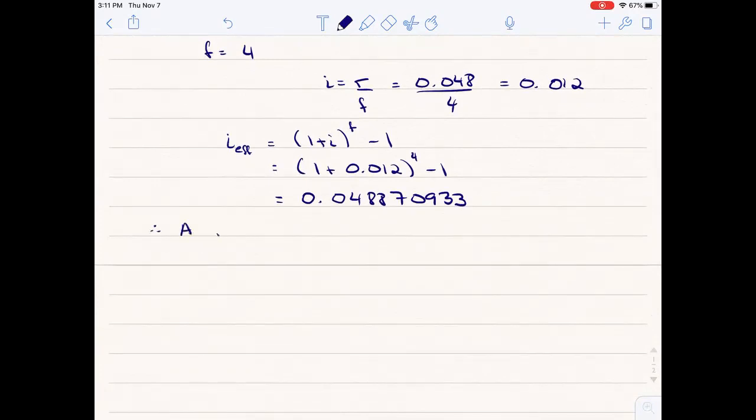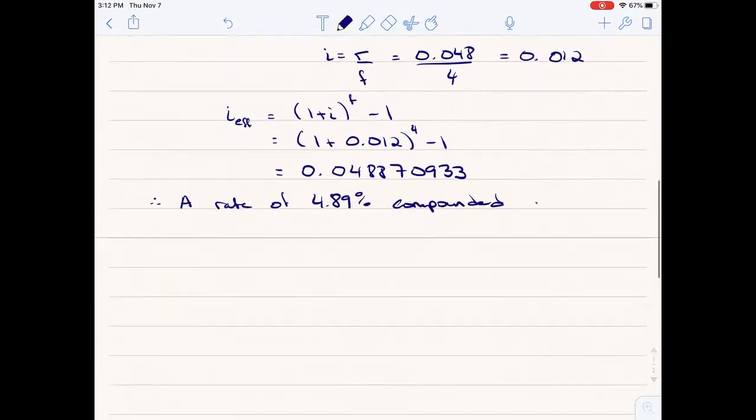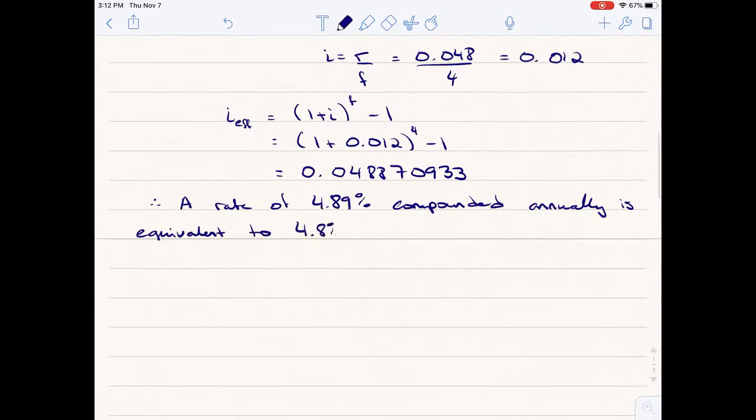Therefore, a rate of 4.89%, if I'm rounding the percentage to 2 decimal places. So a rate of 4.89% compounded annually, because the effective rate is always compounded annually by definition, is equivalent to 4.8%, right? That was from the question, compounded quarterly.